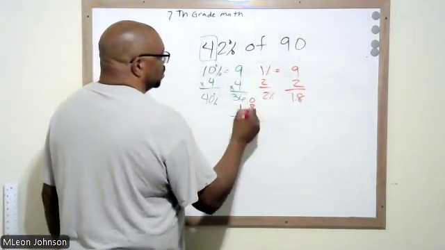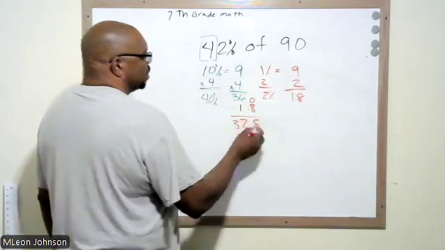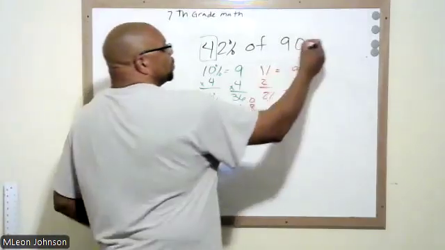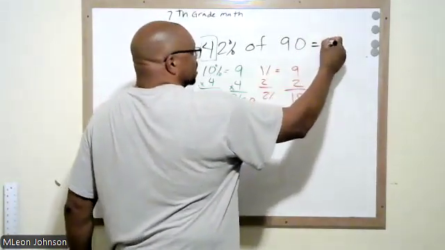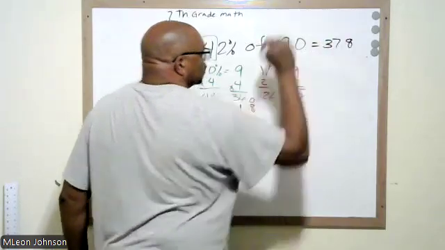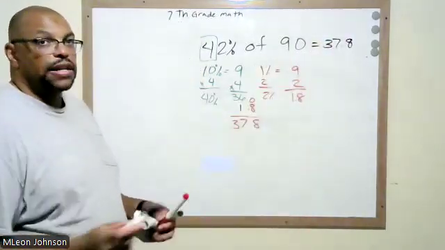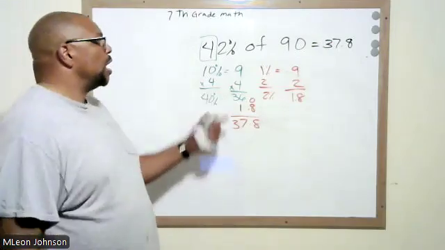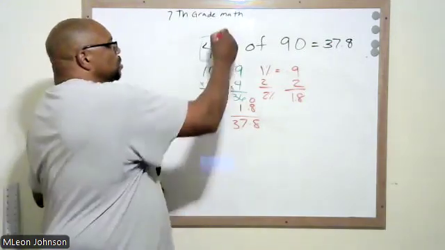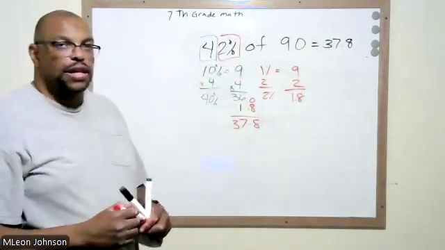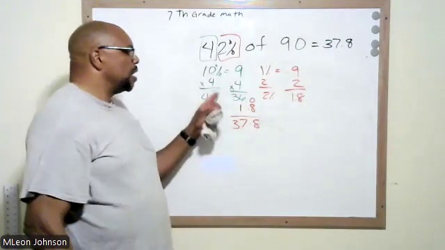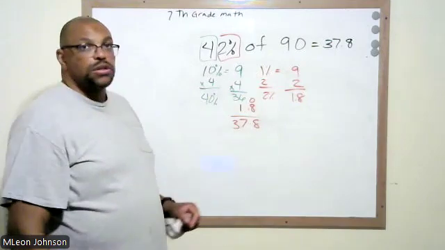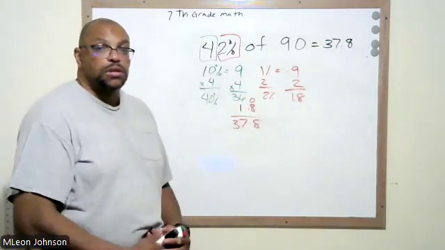We get 37.8. So 42% of 90 is 37.8. If I did that fast, that's okay. You can rewind the video, you can see how I used what I knew about percents so that I can multiply the 10% and the 1% to get my answers. Hope this helps. See you next time.